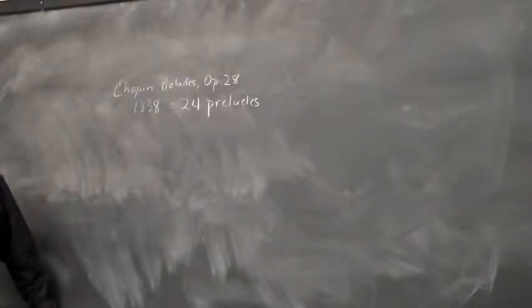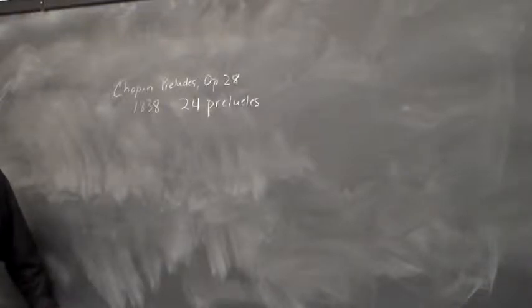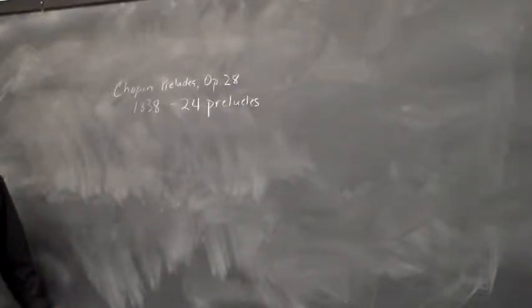So it doesn't really introduce something like a Baroque prelude would introduce a fugue, but instead they're each little mood pictures. Some of them are as short as 16 measures long. The Raindrop Prelude is one of the longest, and it's number 15 in the set of 24.